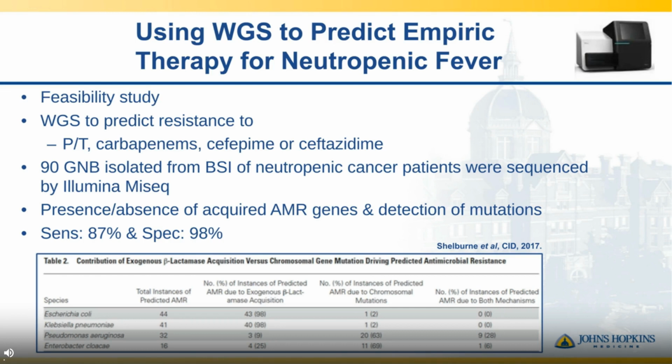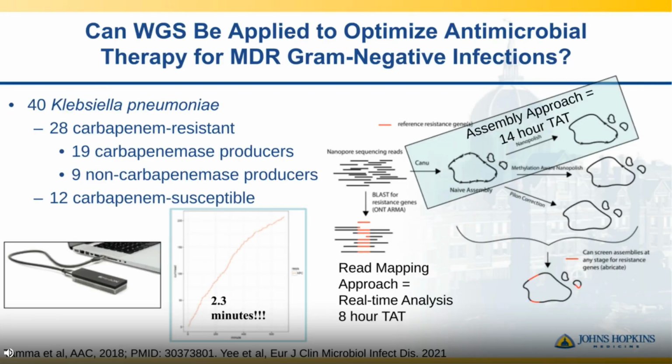So what we wanted to do in our lab was address the turnaround time. So in that study, they were using Illumina. It was a retrospective study. They did manual curation. So retrospectively, they were saying, could they apply this data? But technically, it still was not within a time frame that would be clinically relevant.